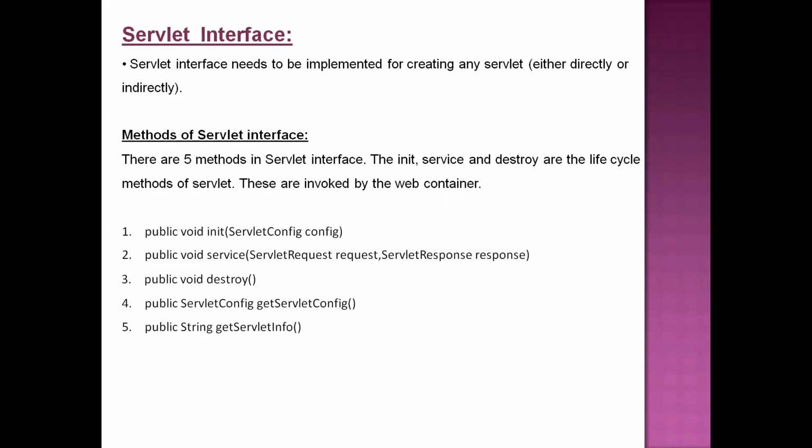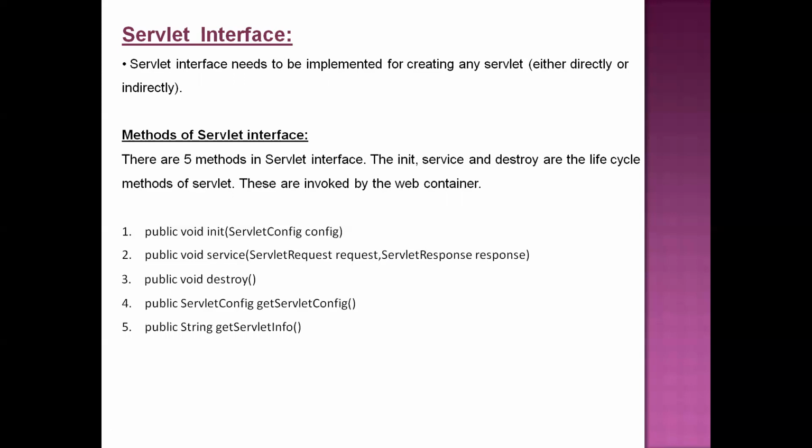That is the reason why, before calling the service method itself, your container will create one request object and response object. In that request object, it will insert the request that is coming from the client, then that will be sent to the service method. And your service method will take the information from this request object, then it will be processed.